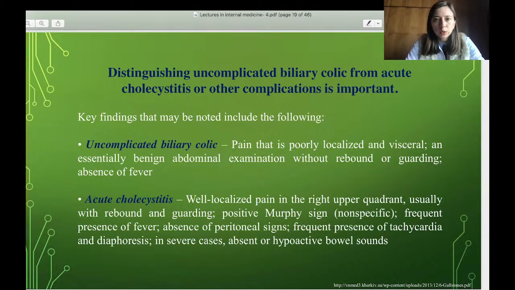And in acute cholecystitis, well-localized pain in the right upper quadrant, usually with rebound and guarding, positive Murphy sign, frequent presence of fever, absence of peritoneal signs, frequent presence of tachycardia and diaphoresis. In severe cases, absent or hypoactive bowel sounds.